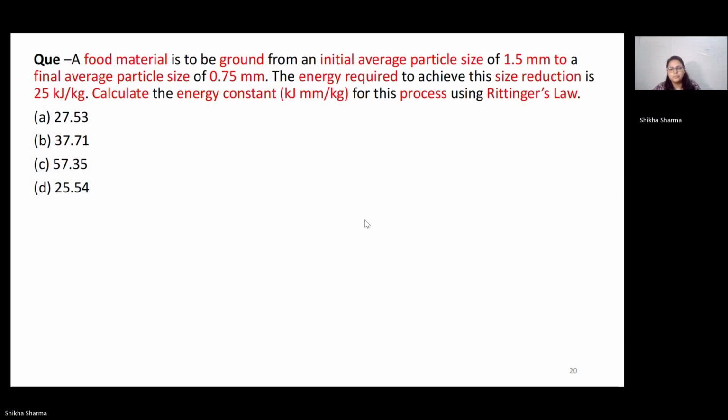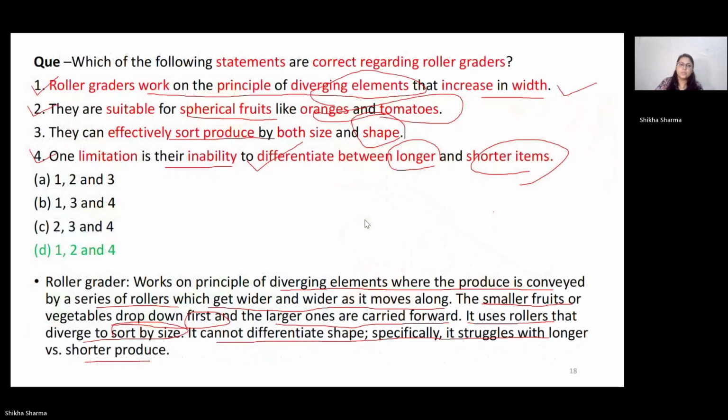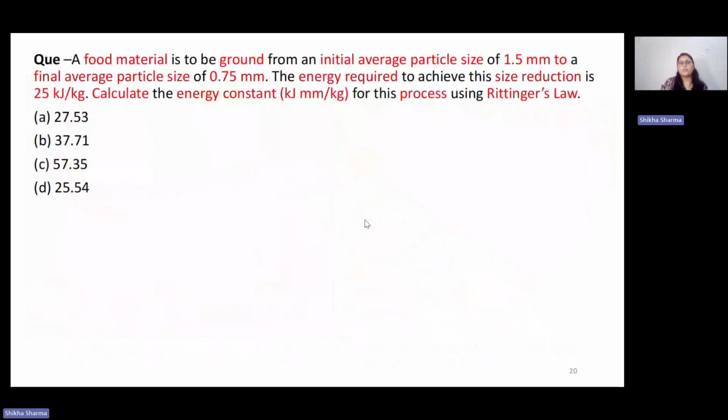Okay, let's solve this numerical question. We already discussed that option D, which is 1, 2, and 4, is correct. This numerical question is based on size reduction and Rittinger's law.